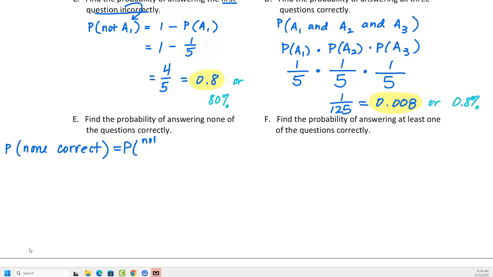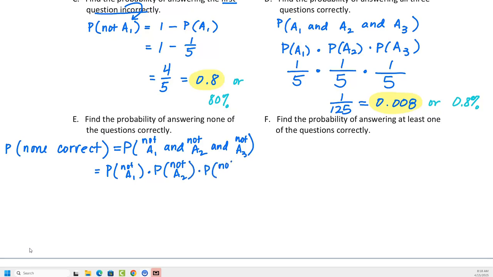I'll write it this way: not A1 and not A2 and not A3. Isn't that right? They're independent events, so isn't this the same as the probability of not A1 times the probability of not A2 times the probability of not A3?